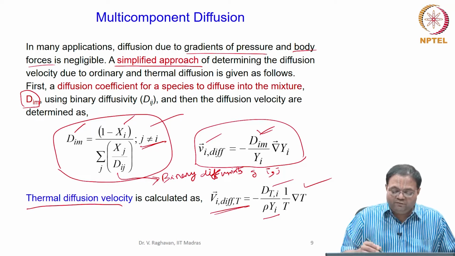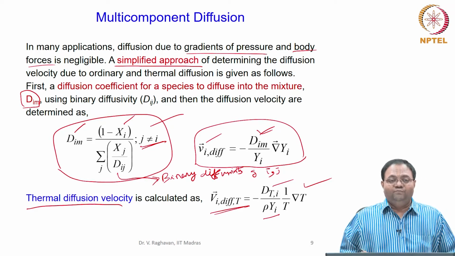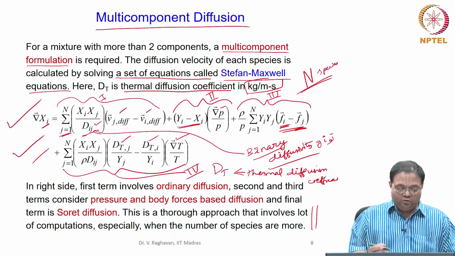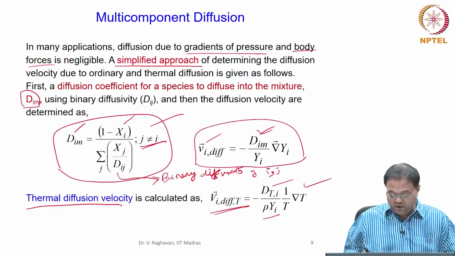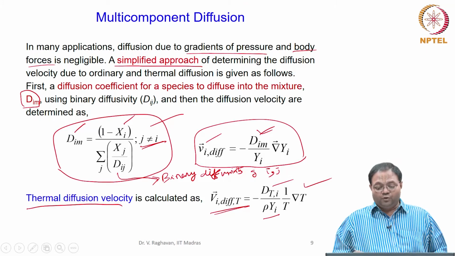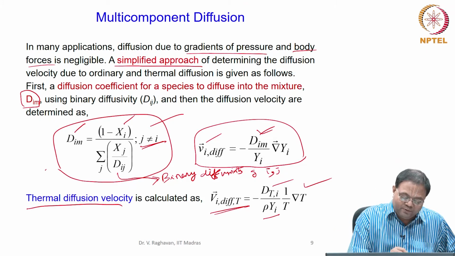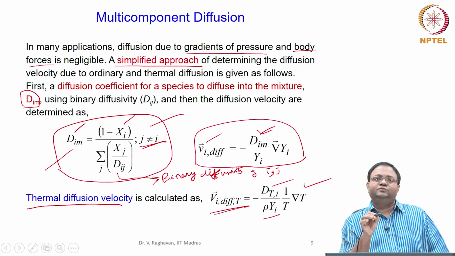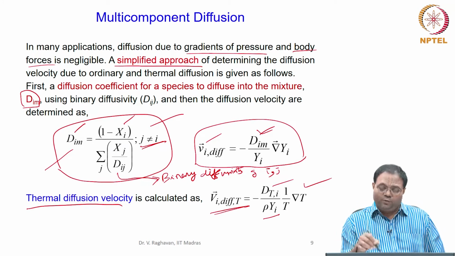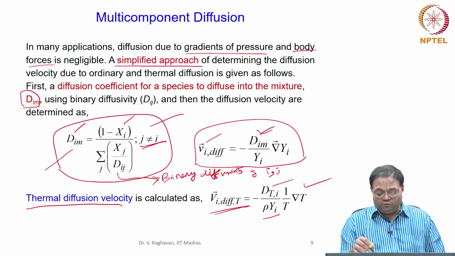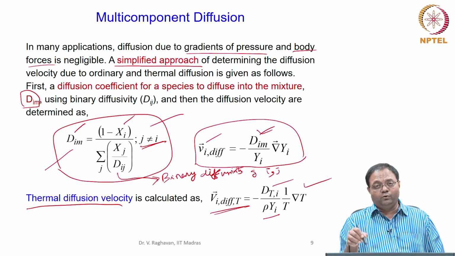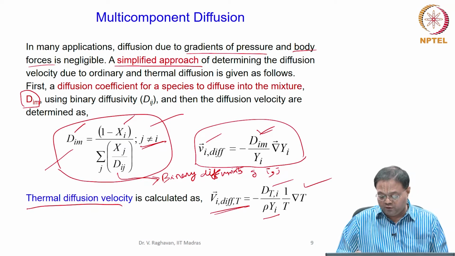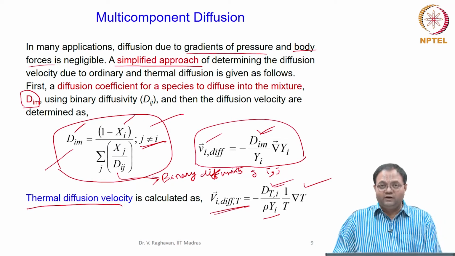So this is a simplified approach, where you don't need to solve these n equations to get the value of Vi. Here we are solving like this. Individually, first you calculate, using an algebraic equation, Dim, the diffusion coefficient of the ith species into the mixture, and based upon that you calculate the diffusion velocity, minus Dim by Yi into gradient of Yi, and thermal diffusion velocity is calculated using the thermal diffusion coefficient DTi.